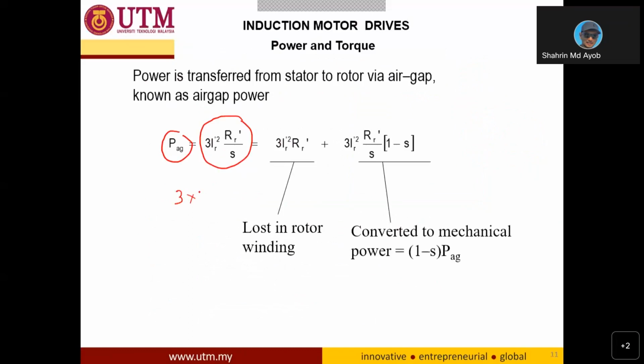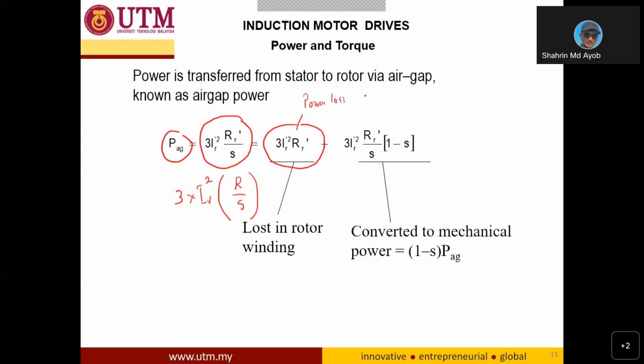3 multiply with IR square multiply with the resistance. The resistance value is R over S. Why we need to multiply with 3? Because this is a 3-phase system. And this one can be divided actually into two sub power, which is this one. 3 multiply with I squared R is actually the power losses.